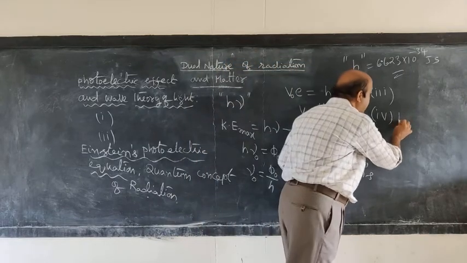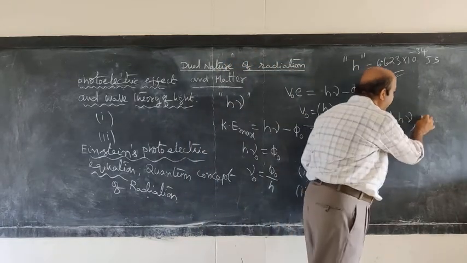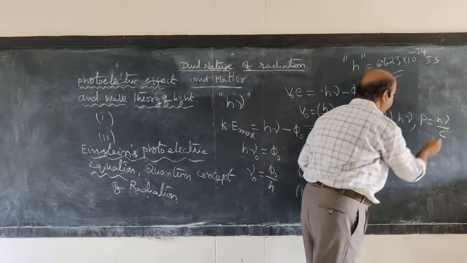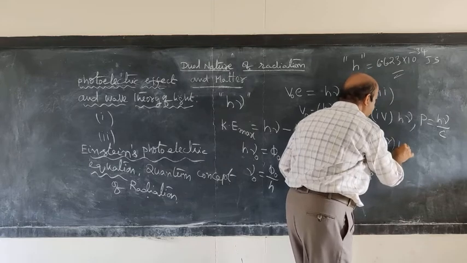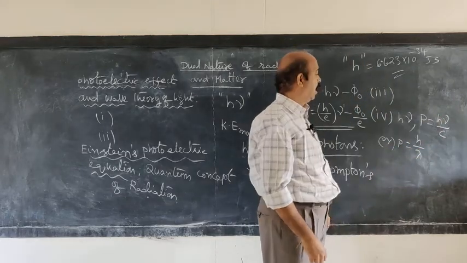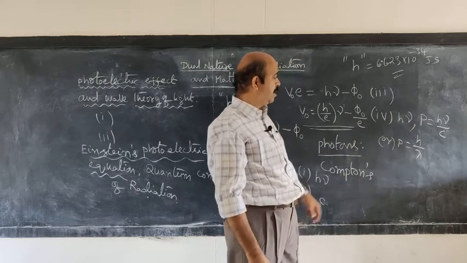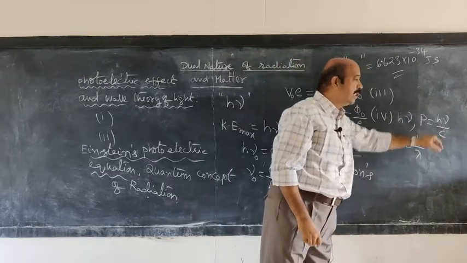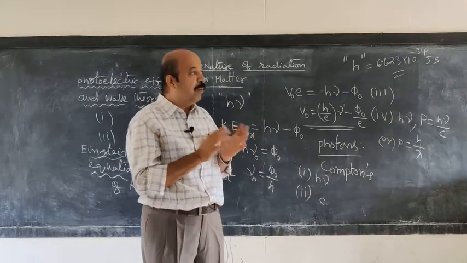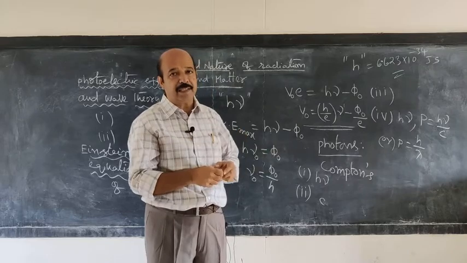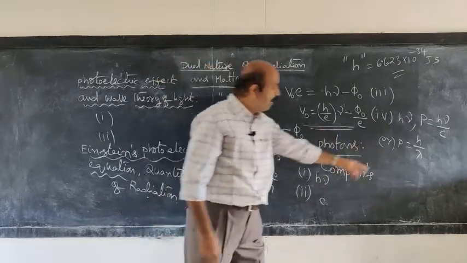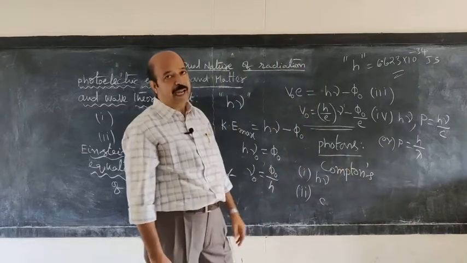So if h nu is the energy, then the momentum of each photon is given by h nu by c, or the momentum is given by h by lambda. You know that c is equal to nu lambda, so nu gets cancelled and you will get h by lambda. So momentum is a characteristic of particles. Therefore, photons behave like particles having a momentum of h by lambda.